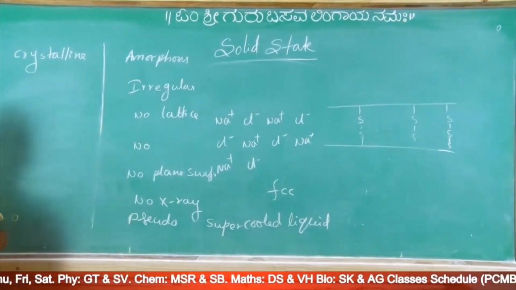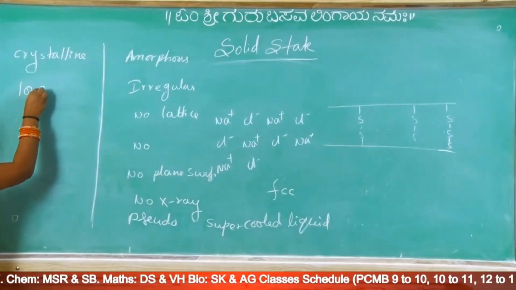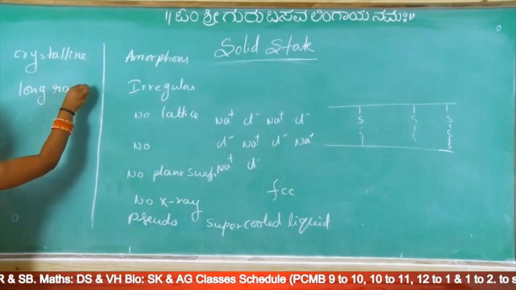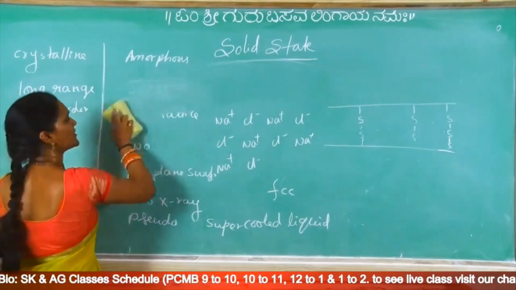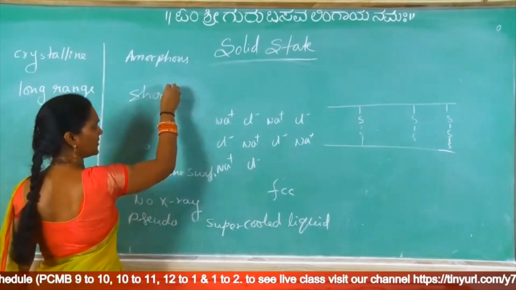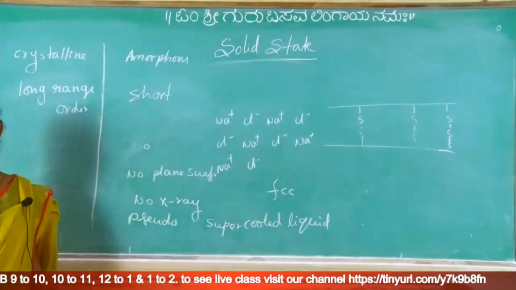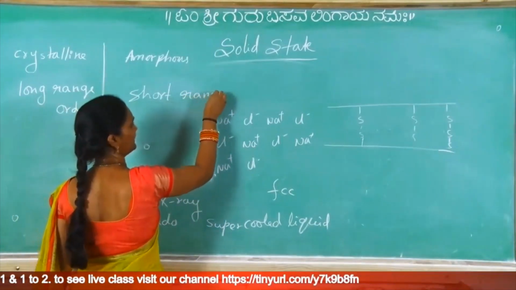In crystalline solids, long range order is there. And in amorphous solids, short range order. Which of the following has short range order? The given answer is amorphous solids. What is this long range order and short range order?